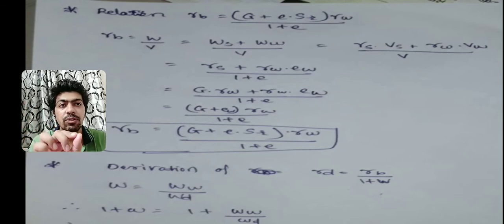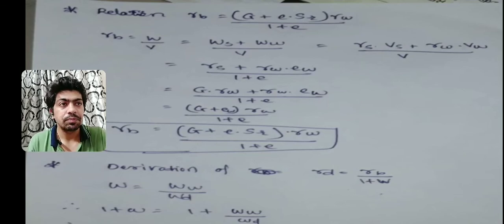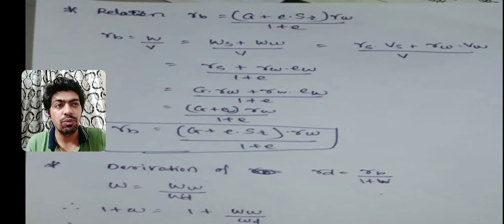Now total weight is equal to what? Ws plus Ww plus Wa, but air has no weight, so Ws plus Ww upon V. So putting this equation in the form of gamma and V, Ws becomes gamma S into Vs plus gamma W into Vw upon V. So from this, we have the equation of V, that is 1 plus e, as we have seen in the previous slide, and Vs is equal to 1.